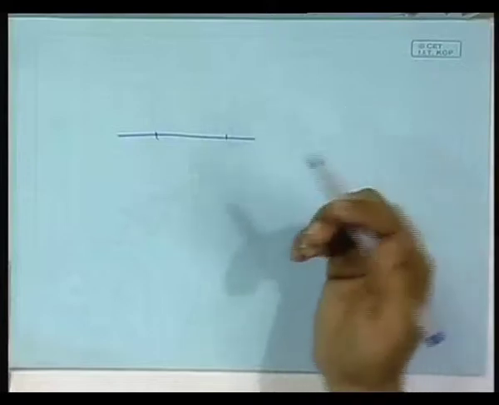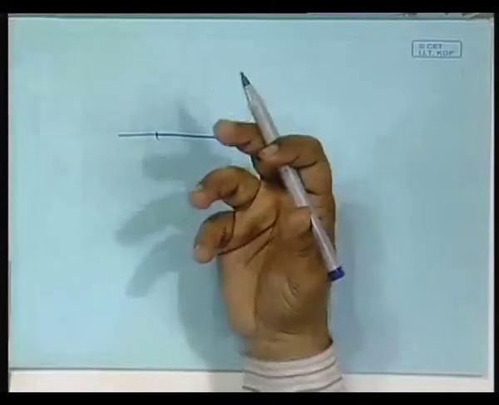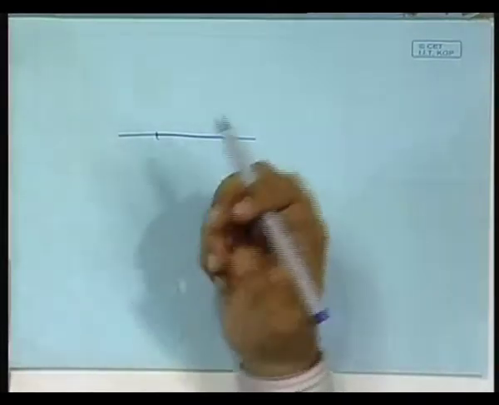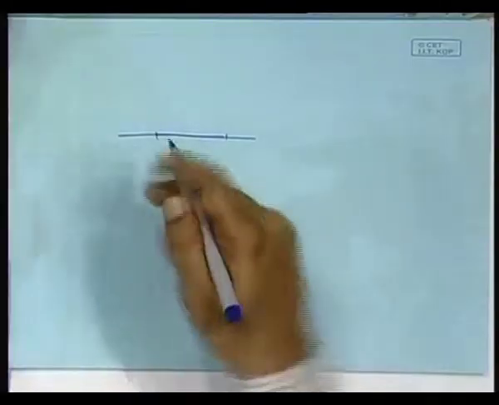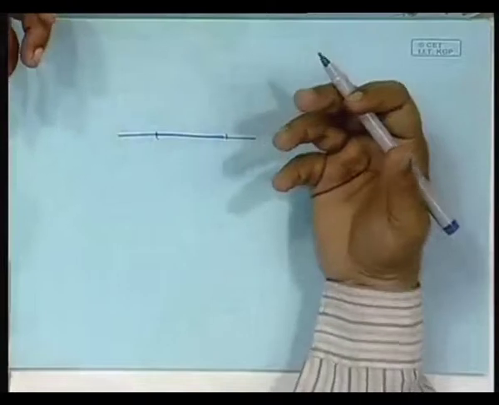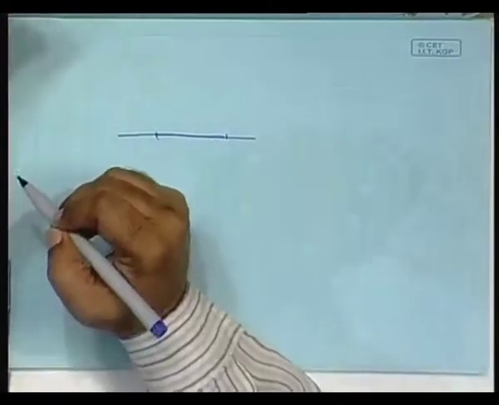In that case, obviously there is no reason to believe that within this range the density of orbits will be the same, it might be different. So, one of the ways of characterizing a chaotic orbit is to find out how the points are distributed. Some part might be densely populated, some parts might be sparsely populated.